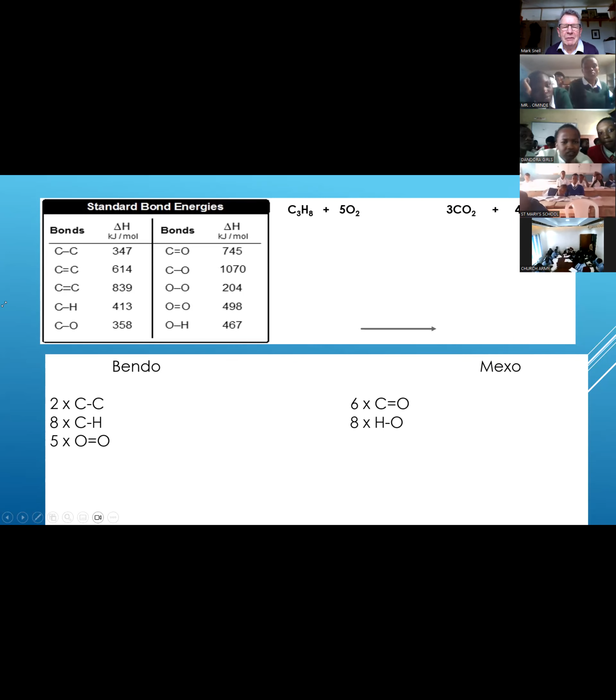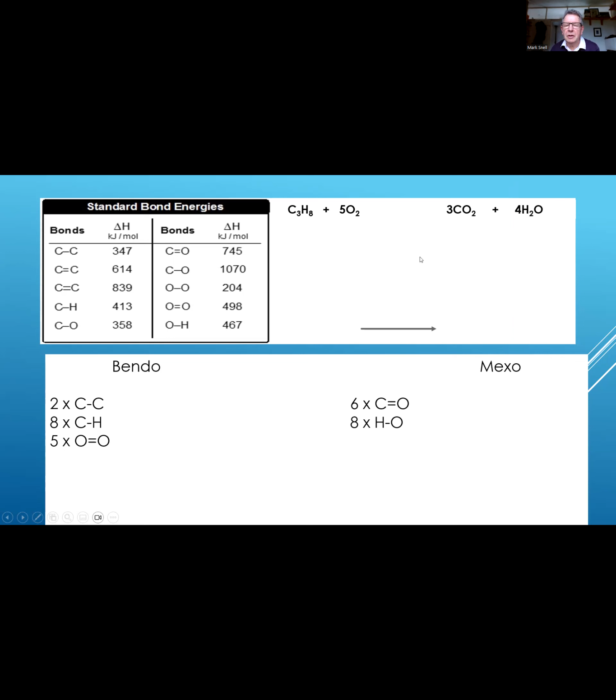Okay, let me go through it and let's see if it makes sense. So there's the equation up the top and there are the molecules. I think I've got 2 carbon to carbon, 8 carbon to hydrogen, 5 oxygen double bond, 6 C double bond O, 8 HO.